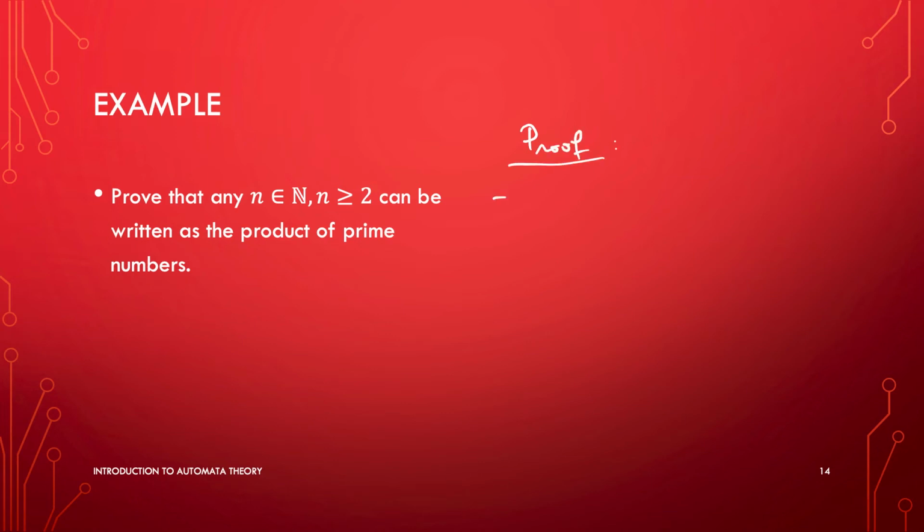Obviously, first we do the induction basis. And so the result we are aiming to prove says something about numbers starting from 2. So obviously our induction basis is going to be 2. And so the induction basis is simply to establish that 2 is the product of prime numbers.